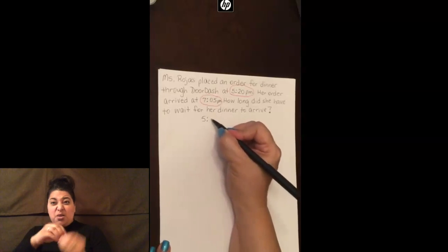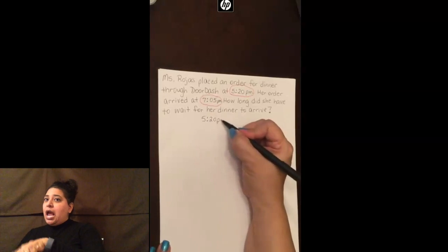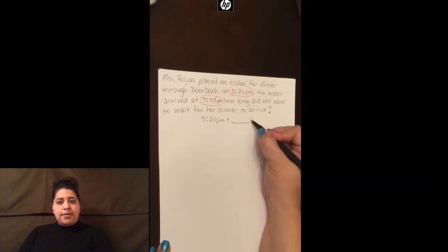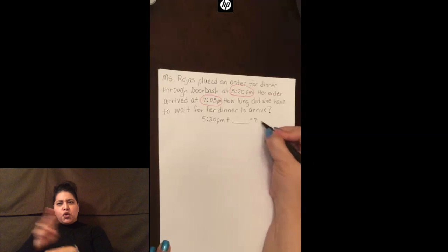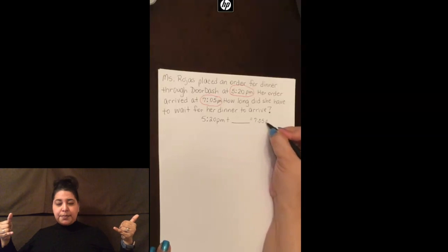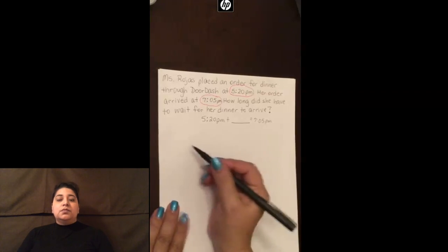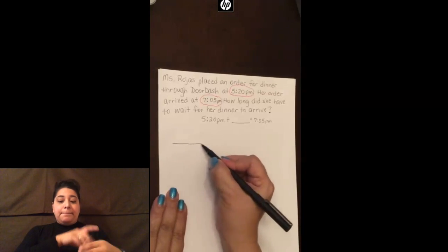My start time is 5:20 p.m. I know I'm going to have to add some amount of time to get to my end time of 7:05 p.m. Okay, so let's continue using that great strategy of using our number line.